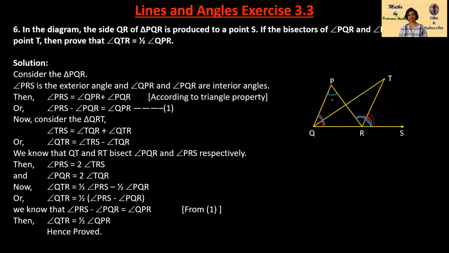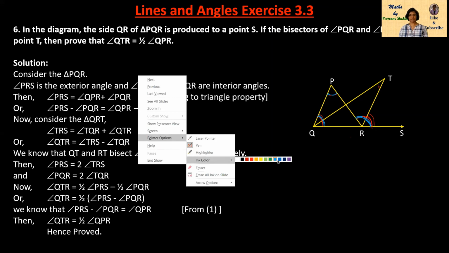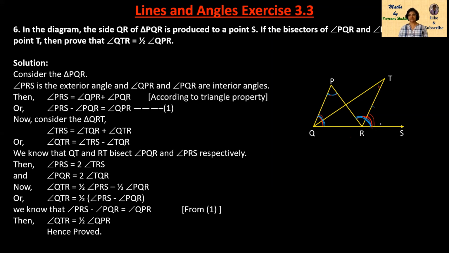QPR. So we got this plus this minus this. Okay. Now consider the triangle QRT. We are considering the triangle QRT. So here we get another expression, which is this angle will be equal to the sum of angle this and this, right?